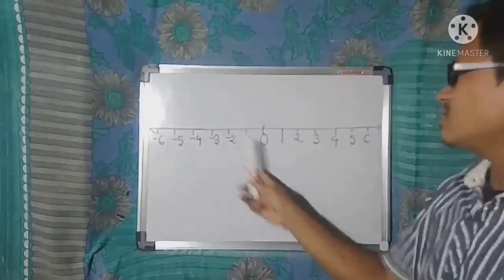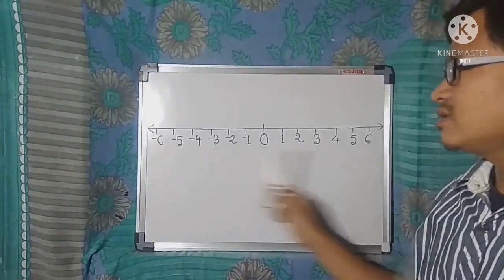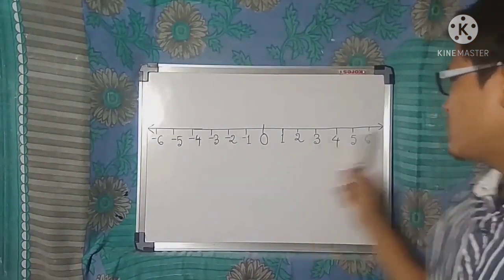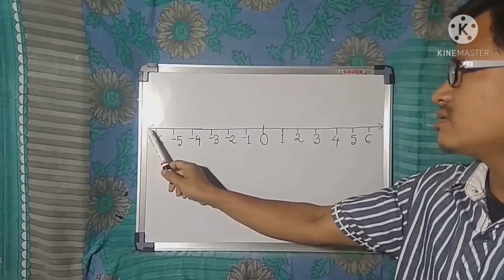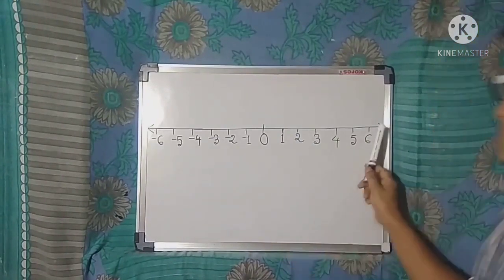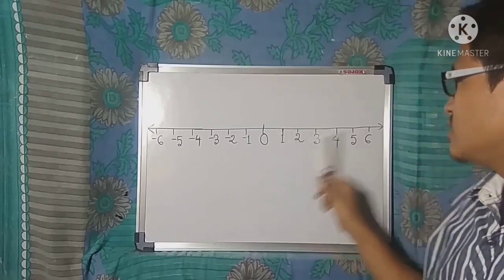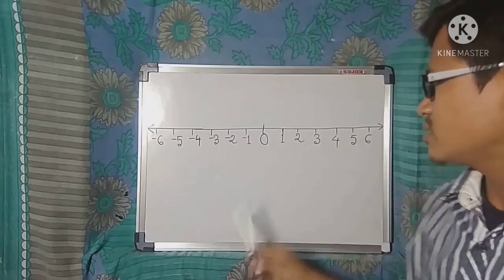Now let us find the position of integers in the number line. So this is the number line. This is the line, and this line is called number line. And there are two arrowheads. These two arrowheads are pointing towards opposite direction.